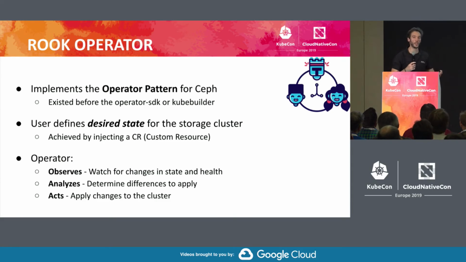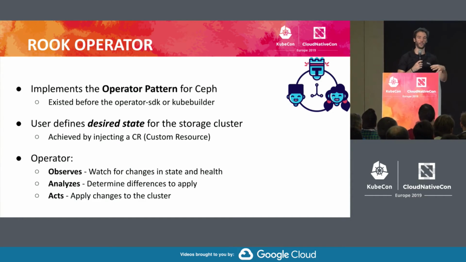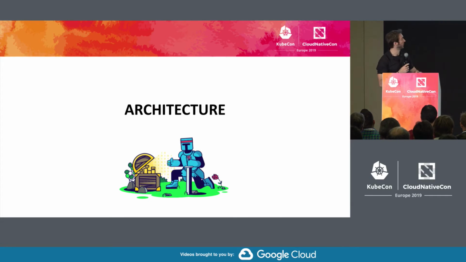It's observing changes that might happen to that CR or in Ceph, and will react upon those events. So basically it observes, analyzes, and acts on any changes that might come up on the platform itself, or just because the user decided that they wanted to maybe expand the cluster or just add more things to it, like more monitors, for example.